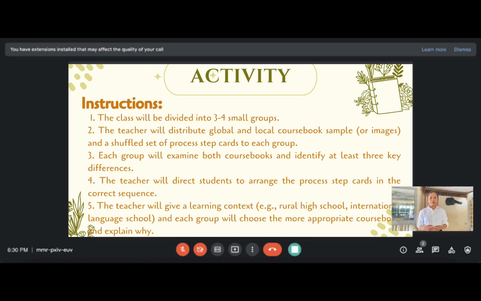Remember to work as a team, discuss your ideas, and be prepared to share your answers. This activity will help you understand not only the differences between the global and local course books, but also how to evaluate which is more appropriate in different learning contexts.